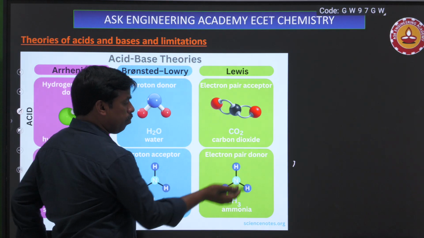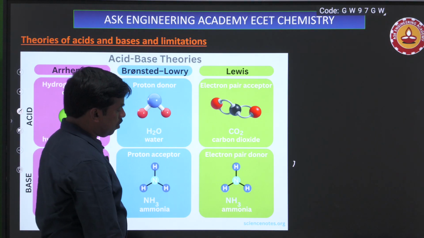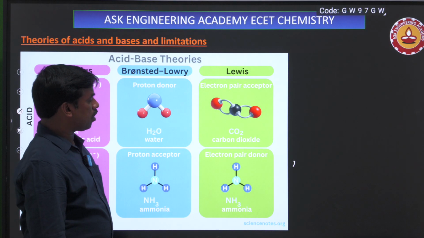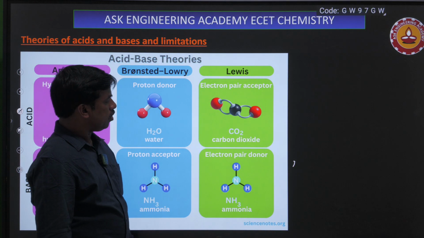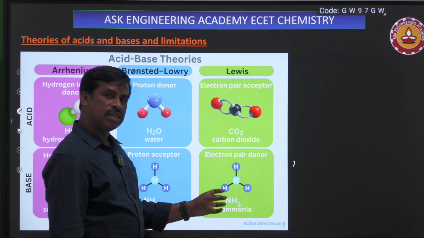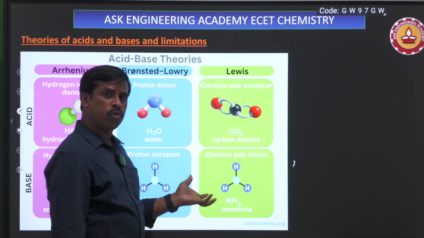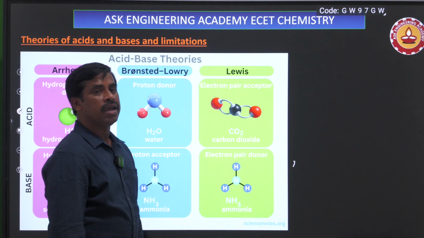And an electron pair donor is a base. Whatever the compounds that are ready to donate an electron pair are said to be bases.